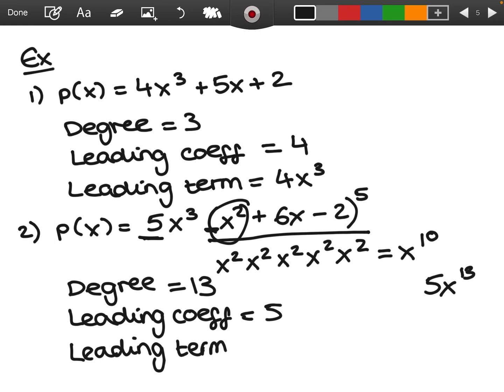So my leading term would just be 5x to the 13. So you don't have to multiply the whole thing out, you just have to look at this leading term. What would your leading term be if I took the highest power of x in my parentheses, took it to that power, and then multiplied it by what's outside the parentheses?